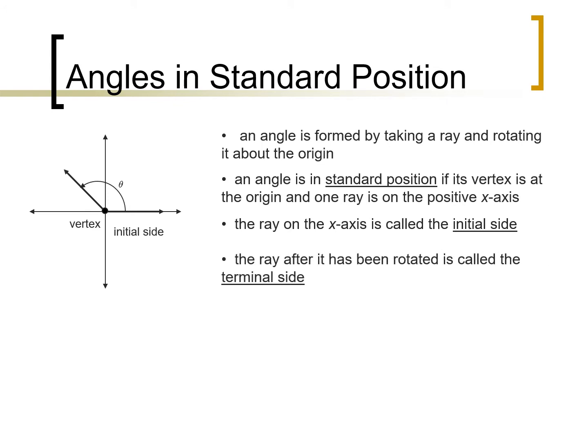The ray after it's been rotated, where we end up, is called the terminal side of our angle. So I've got my vertex over here. I've got my initial side, the ray that's right on the positive x-axis. And the terminal side is that ray that started on the positive x-axis and has been rotated to end up over there.